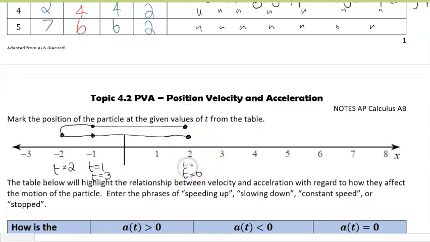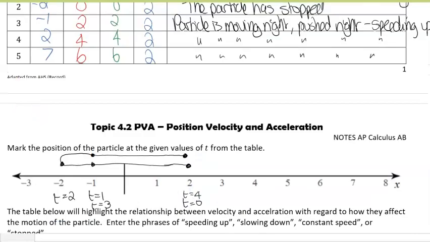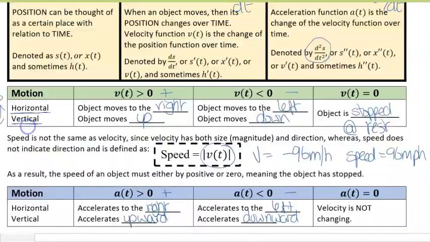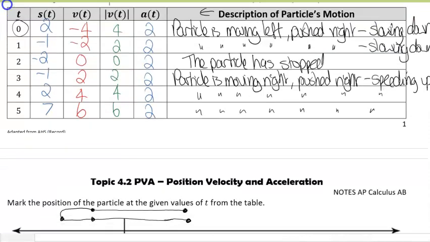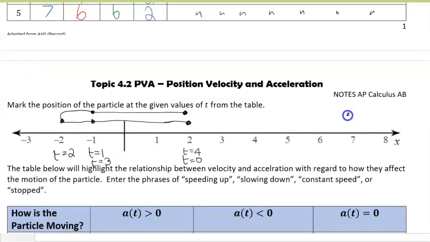This is time 4. And then at time 5, the position, remember that's that first column, which is 7, it's all the way over here at 7. So the particle started here at position 2, went to the left, stopped, turned around and came back at specific times.